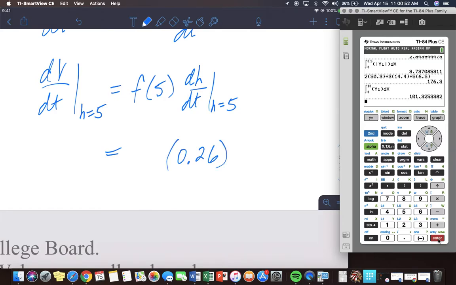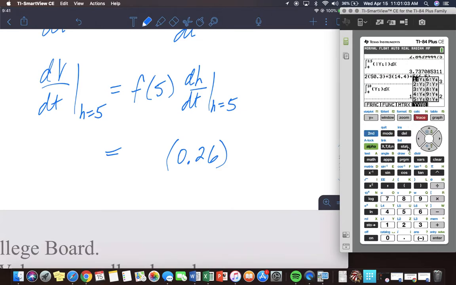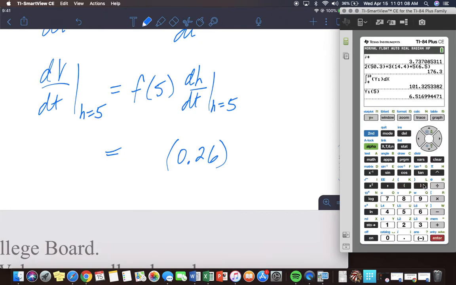Okay. Now the f of 5, that f function is what we put in as y1. So if I want to find f of 5, I could just go alpha trace y1 of 5. 6.5129.